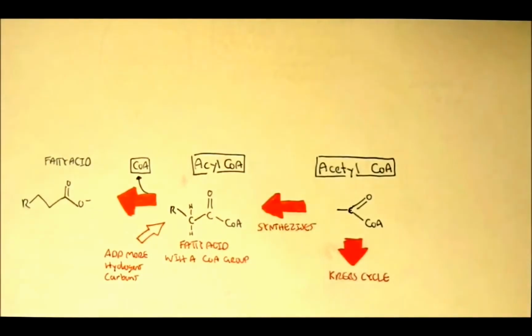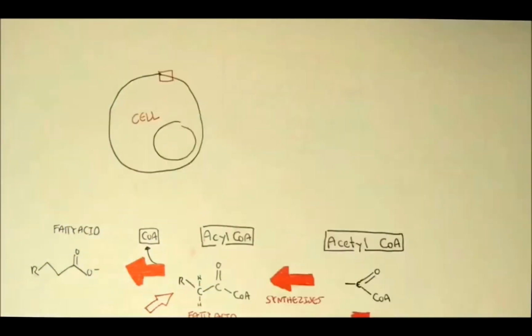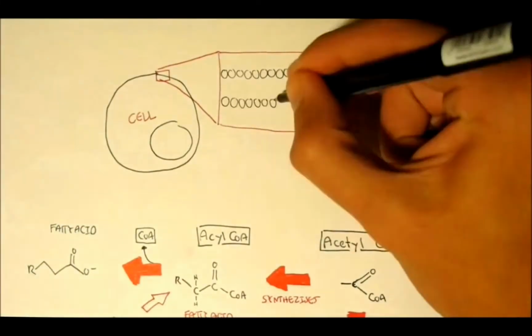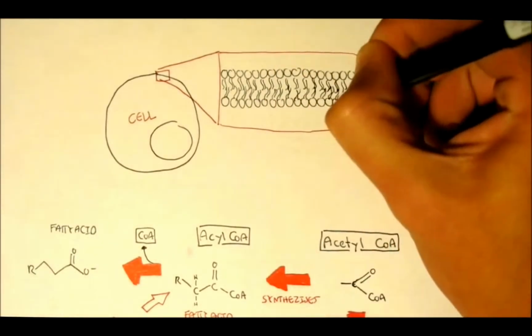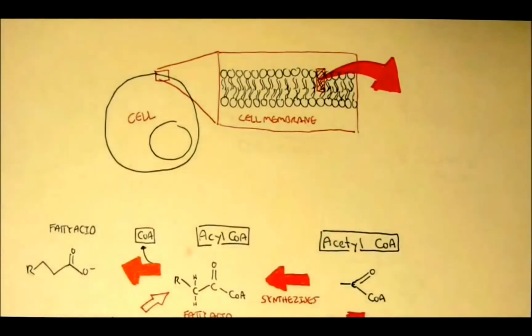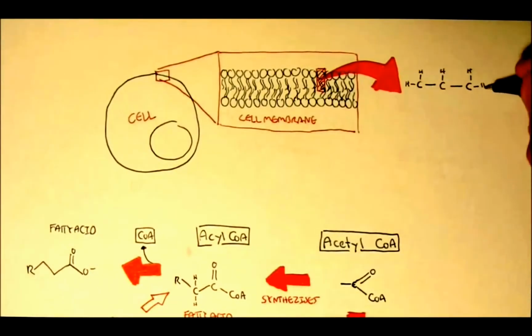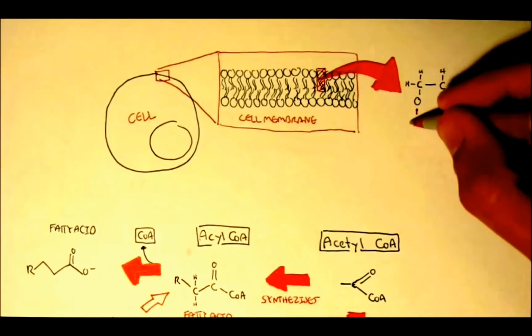Okay, and the next thing we will talk about is phosphatidic acid. And what is phosphatidic acid? It is actually an important constituent of a cell membrane. It plays a role in the functioning of cells, such as cell signaling. It is composed of a glycerol backbone, and attached to the third carbon is a phosphate group here.